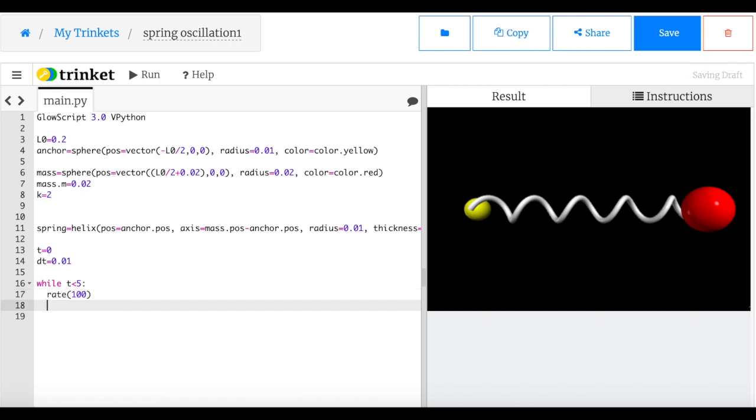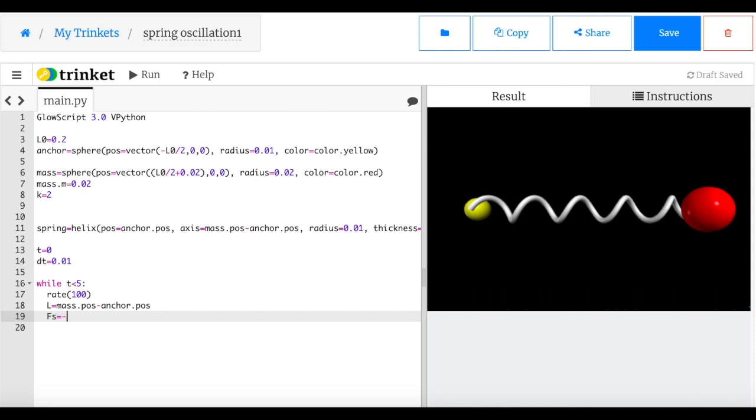Next, I want to calculate the force, but in order to do that, I need to calculate L. Okay, so L is going to be equal to mass.pos minus anchor.pos. Because remember in that diagram before, I showed that it was the vector to the mass minus the vector to the anchor, and that'll give me L. Now I can calculate the spring force.